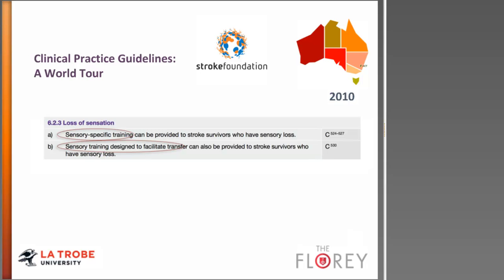So what was highlighted, though, in the clinical practice guidelines when they were released back in 2010 is that sensory-specific training can be provided to stroke survivors who have sensory loss, and that sensory training designed to facilitate transfer can also be provided.